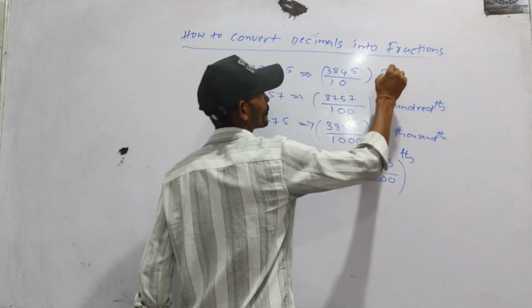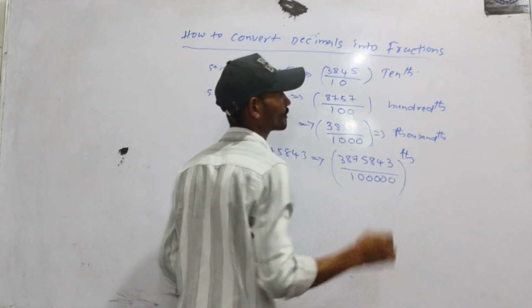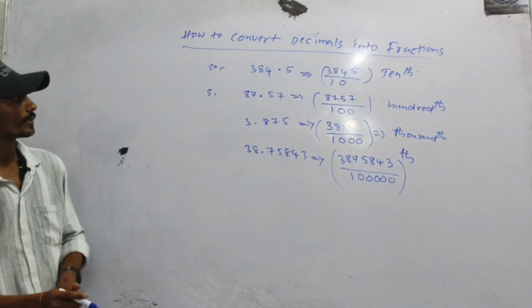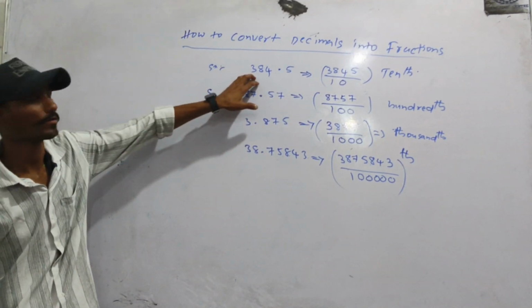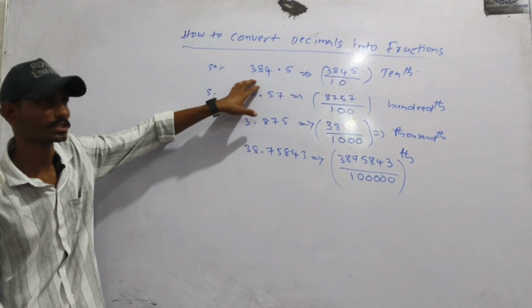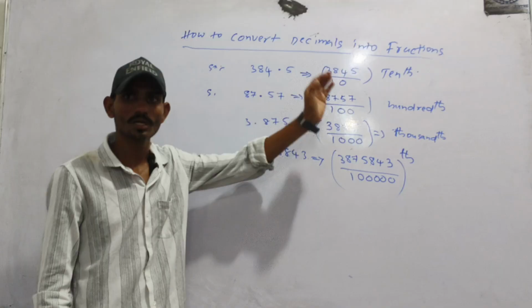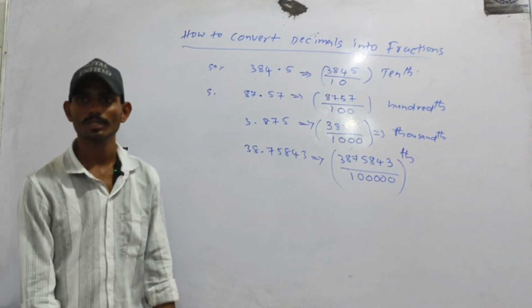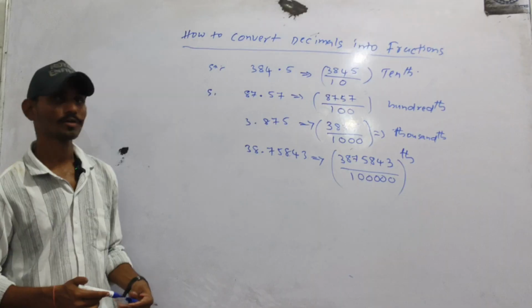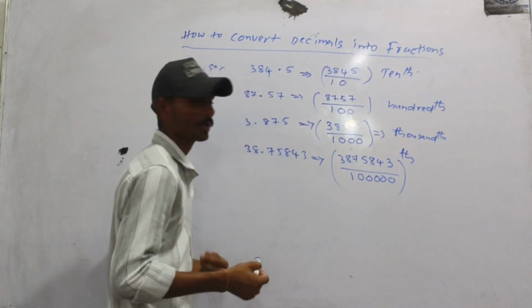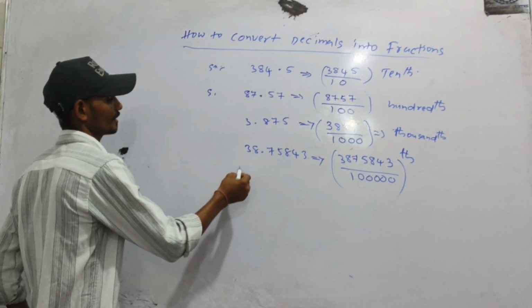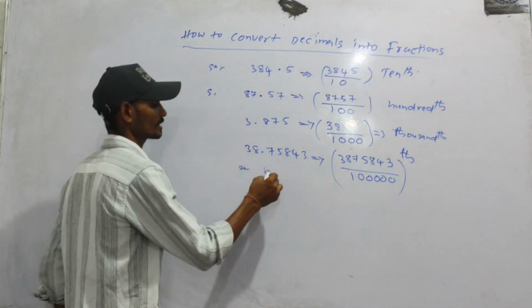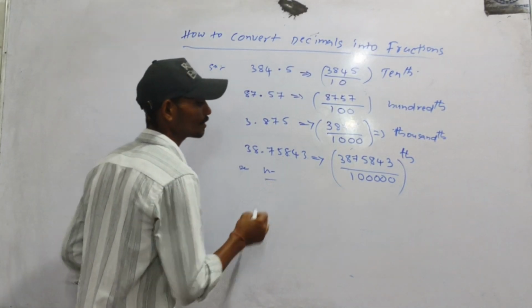This is the hundredth part, and this is the tenth part. Whatever the front digits are called whole numbers, whole parts. After that, those are called fractional parts, because of the fractional parts we can write in a by b form. I hope all of you understand the concept of decimals and how to convert decimal to fraction and fraction to decimal.